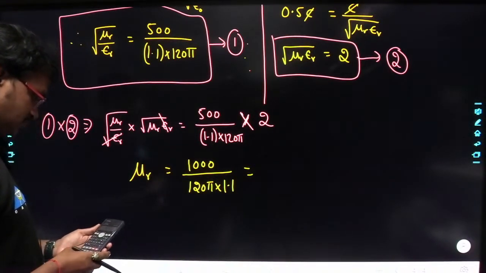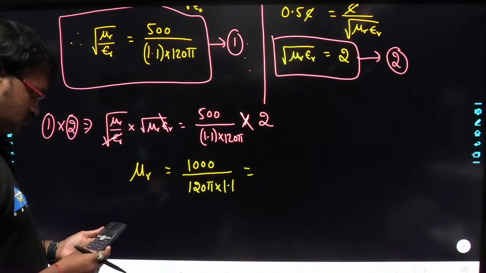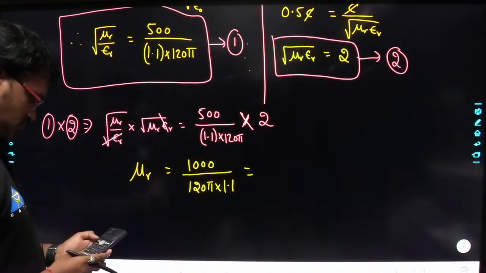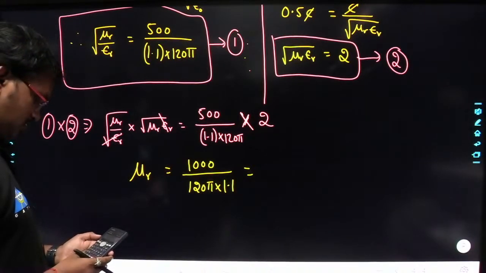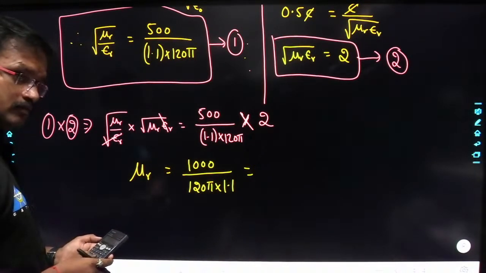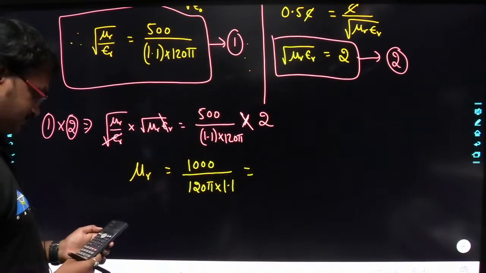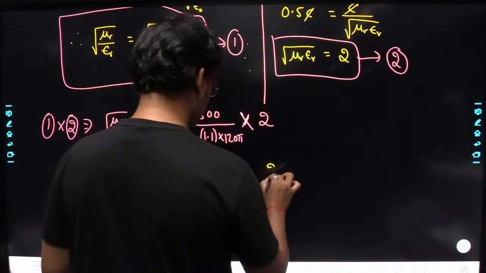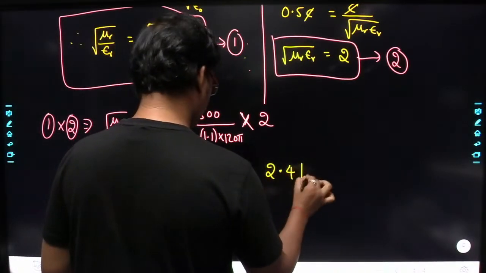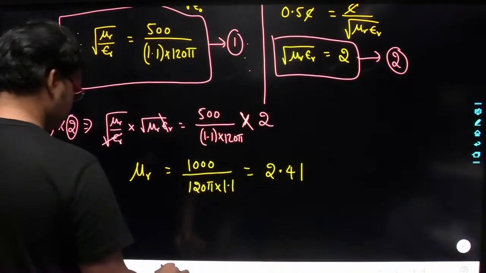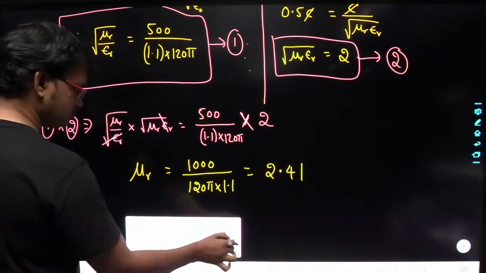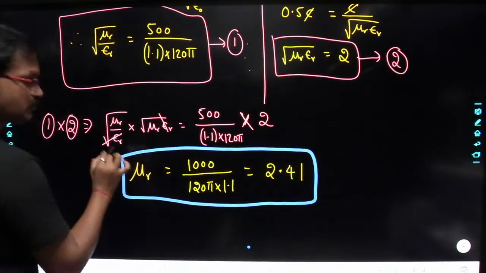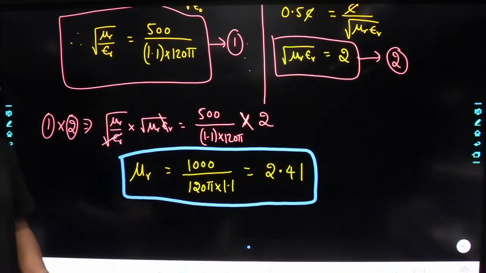What is the value of 120 pi into 1.1? So you will get 2.41 here. So this is the mu r value. This is the value of relative permeability, right?